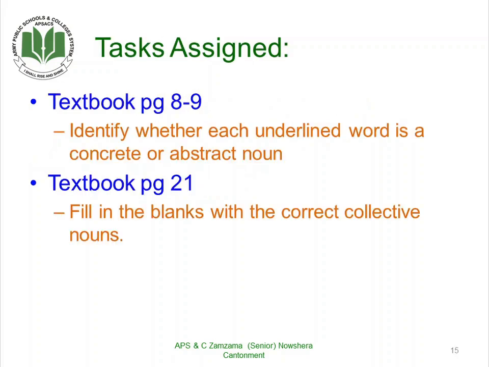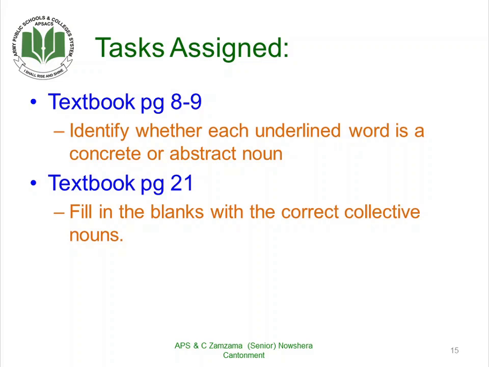Now the tasks assigned with this video: you have to check your textbook page number 8 and 9. There you are given some questions. Identify whether each underlined word is a concrete or abstract noun. Though we have already done them previously, just for your revision and recalling, you may do it again.